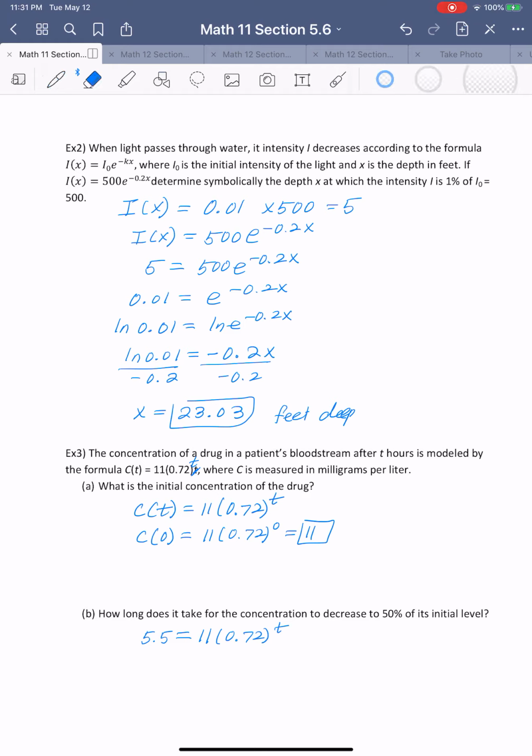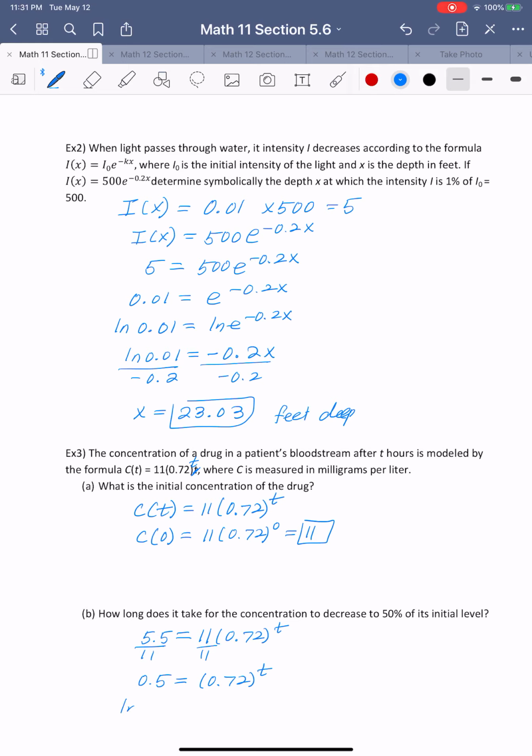Divide by 11 on both sides, then I get 0.5 equals 0.72 to the t-th power.